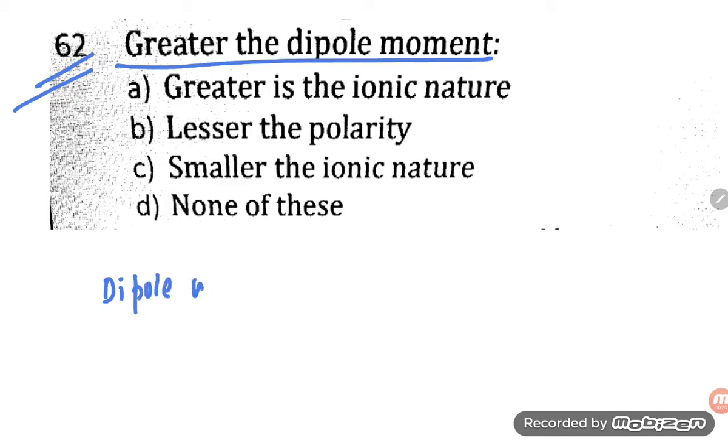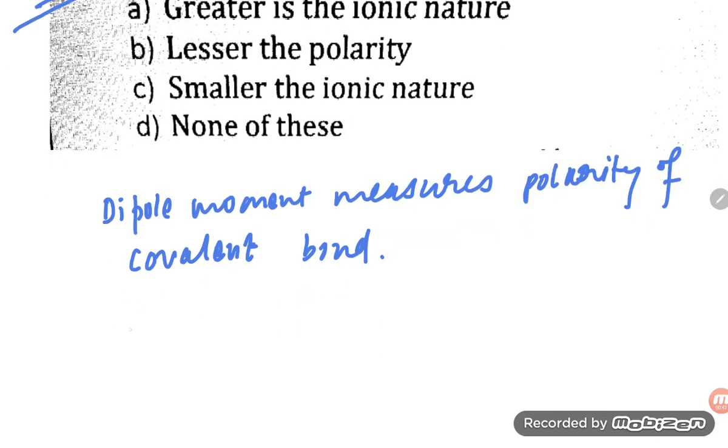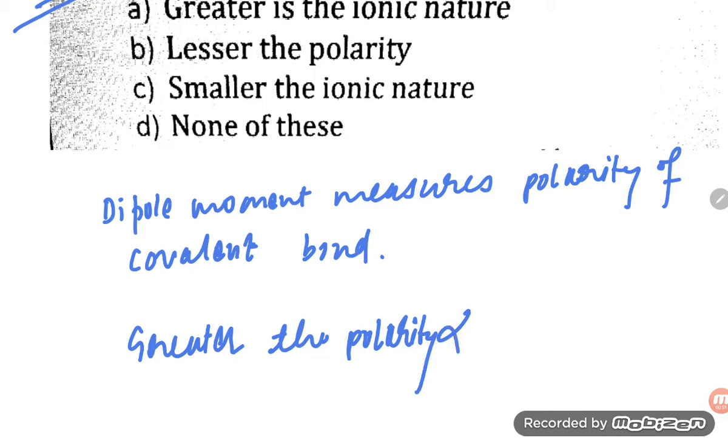Dipole moment measures the polarity of a covalent bond. Now, student, greater the polarity, greater the dipole moment, and the dipole moment is proportional to the ionic character.